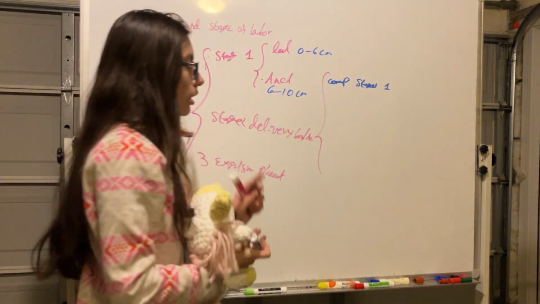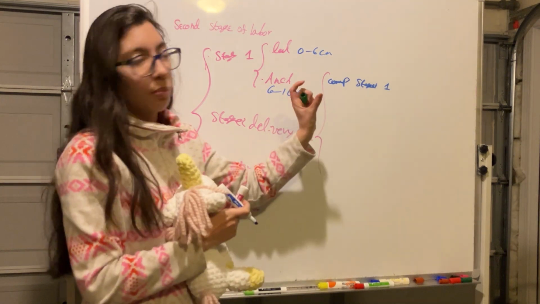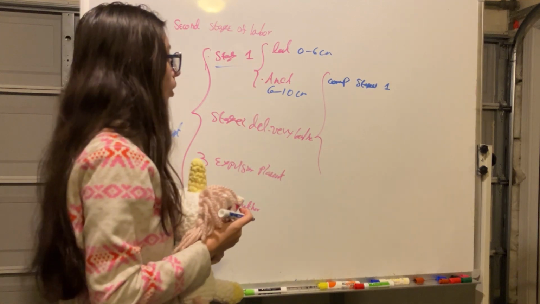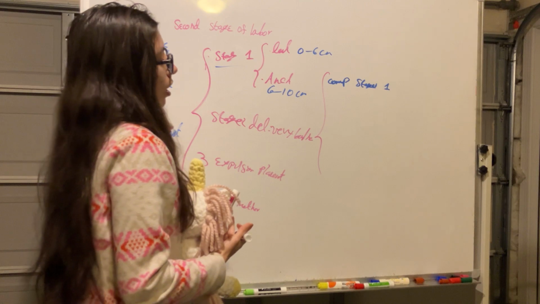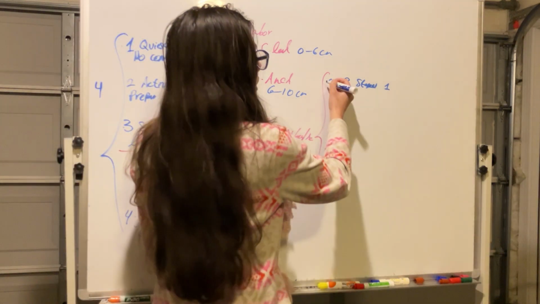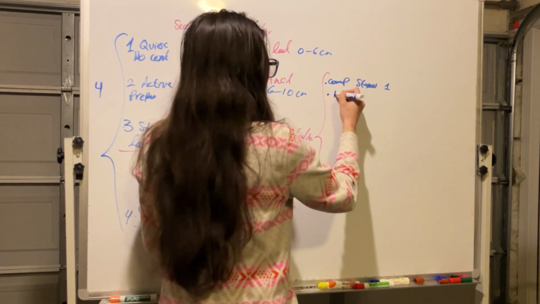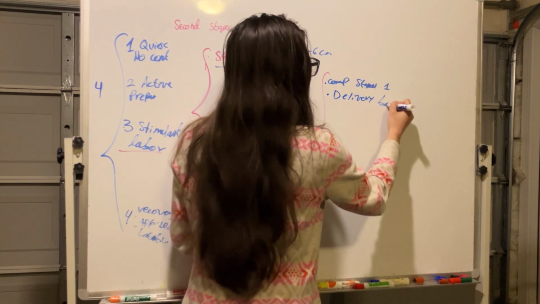So when the cervix is completely dilated, 10 centimeters, and completely effaced, this is completion of stage 1 of labor, and then stage 2 of labor starts. So this goes from the completion of stage 1 and ends with the delivery of the baby.